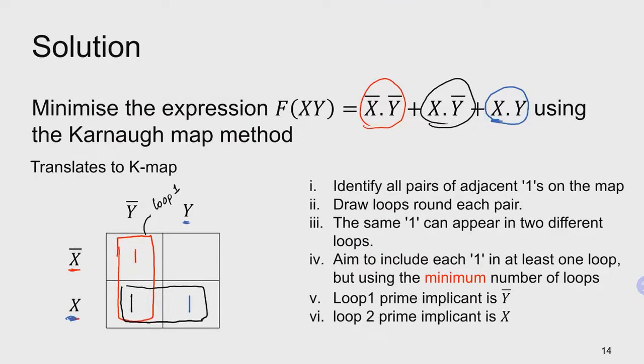And then loop two, the variable y changes from y bar to y, and x stays the same. So the prime implicant of this loop is x, and therefore this function minimizes to x or y bar.